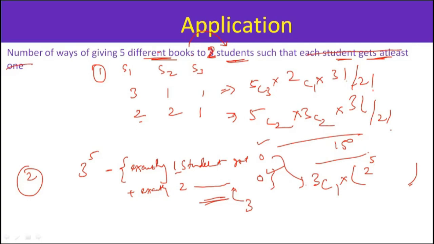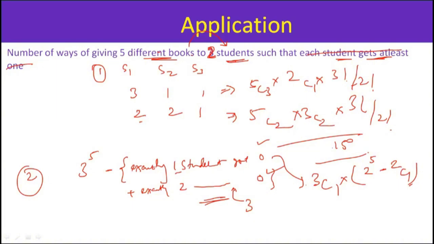But it will have cases when all the books are given to any one student. See, in this, each of these 2 students should get at least 1 book, right? So it will have cases when all the books are given to any one student. In how many ways can it happen? 2C1. Out of 2 students, you choose any one student who will get 0 and give all the books to the other student.